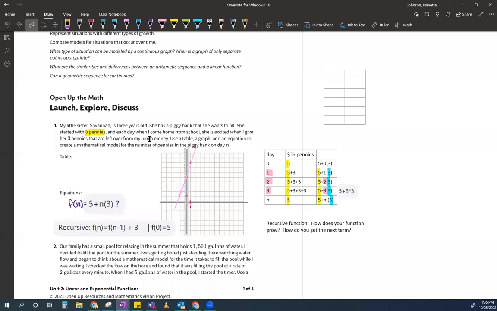Come on, y'all, you can do this. Okay, so days would be -1, and pennies would be 2.